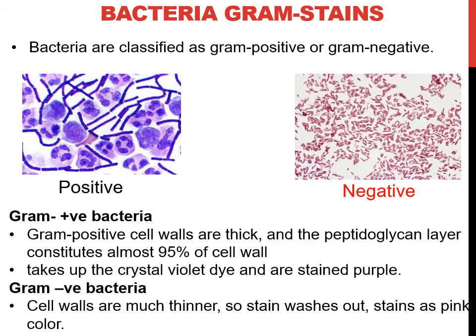So gram positive bacteria have a thick cell wall and a thick peptidoglycan layer that holds on to the stain much better. It takes up the dye, which is called crystal violet, and it keeps it that purple color. Gram-negative bacteria have a much thinner cell wall. The stain washes out easily, and they typically stain this pinkish color.